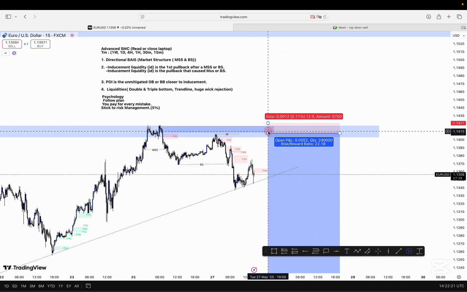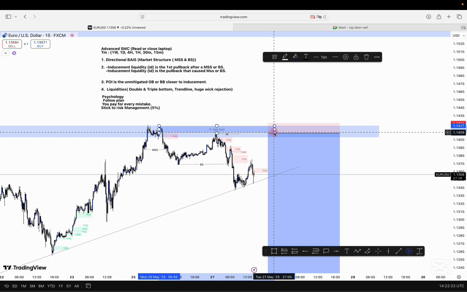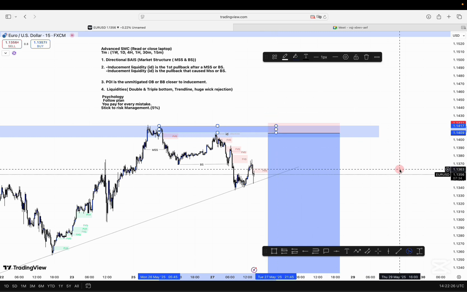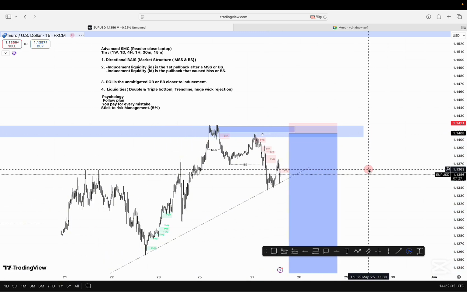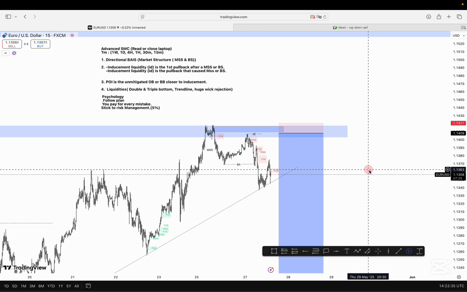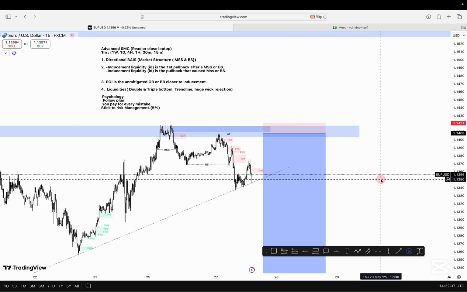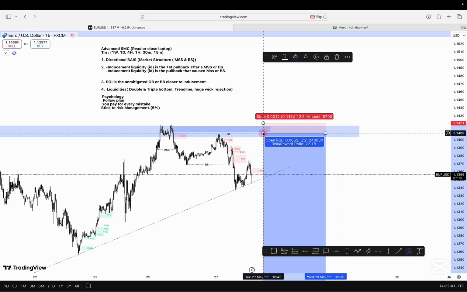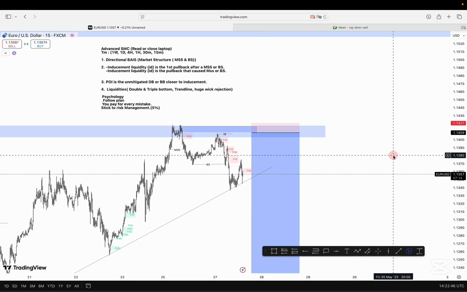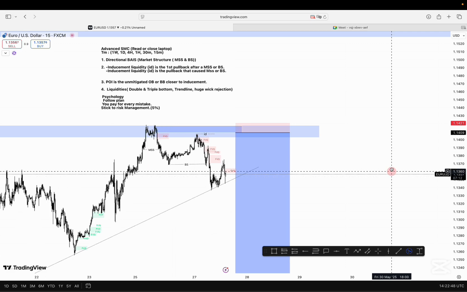If I'm not able to identify an order block and I identify it in the 30 minutes, I use the 30 minutes. And if 30 minutes is not also presenting any order block, then I use the 1 hour. The last time frame I will use to identify an order block is 2 hours, and that will be all. So this is the trade I'm looking forward to take on Euro USD.